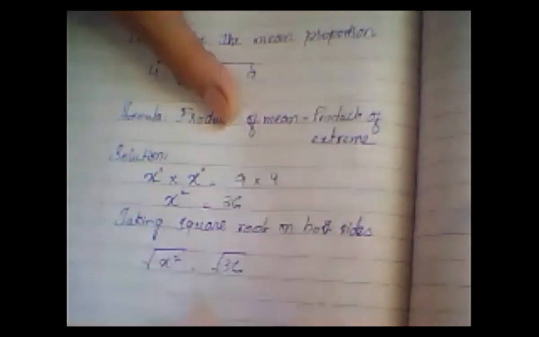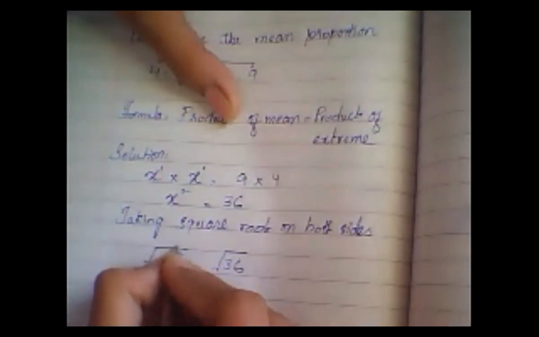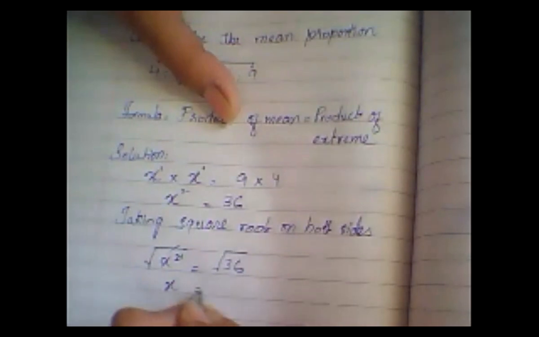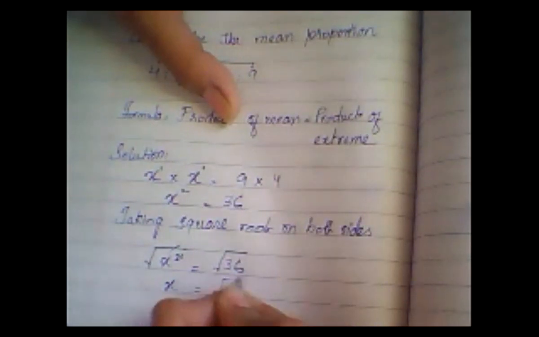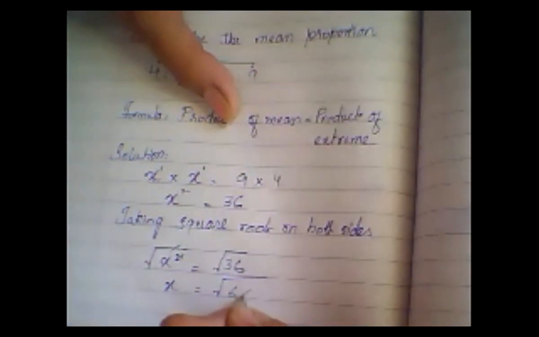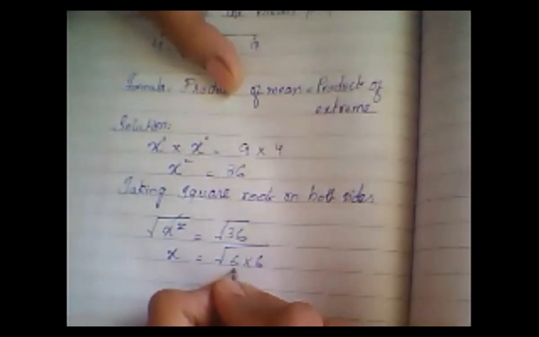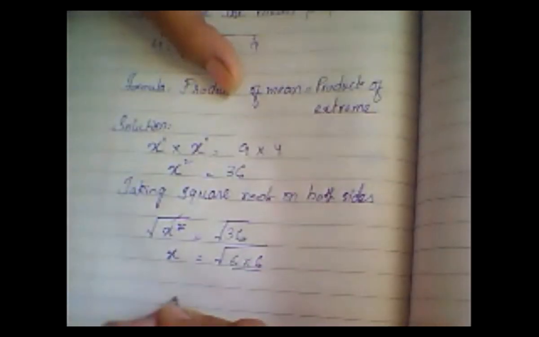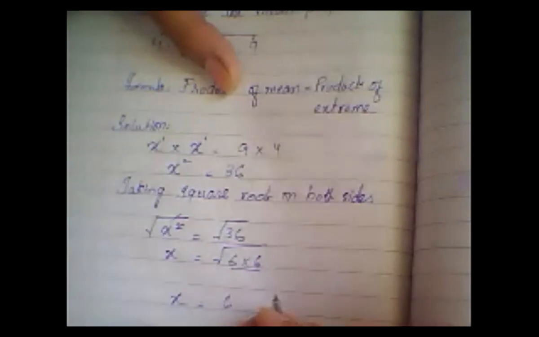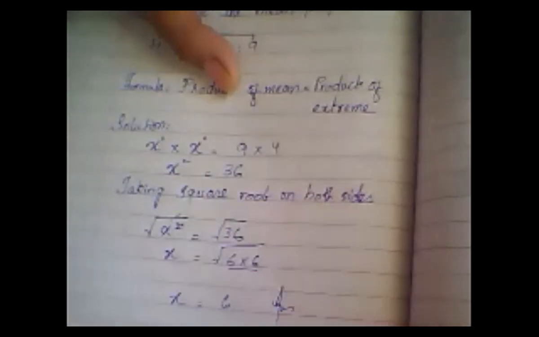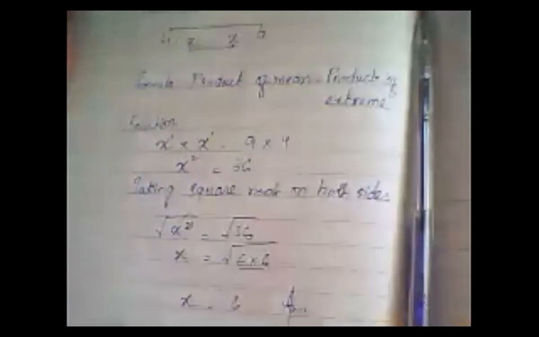Is it clear? Now square and root will be cancelled. We get x is equals to root 36, and 36 means 6 into 6, right? So here there is a pair of 6. So I get the answer x is equals to 6. Clear?